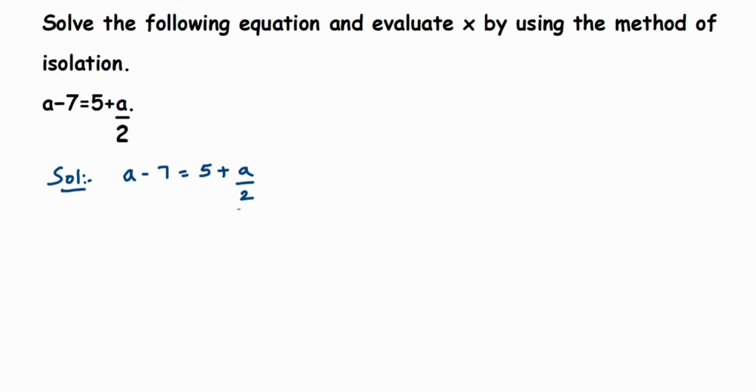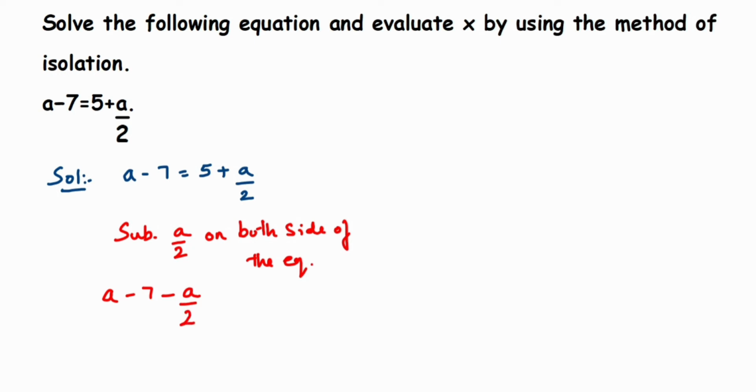So that's the first step: subtract a by 2 on both sides of the equation. By doing that, we'll get a minus 7, then minus a by 2, is equal to 5 plus a by 2 minus a by 2.